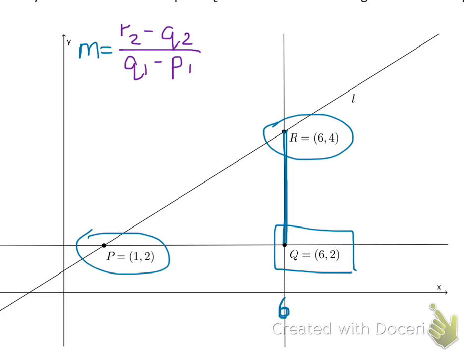But notice that Q2 and P2 are the same, so I could actually write this as R2 minus P2 over, and now I want to get rid of Q1. Q1, which is 6, is the same as R1, which is also 6. So instead of Q1, I'm going to substitute R1.